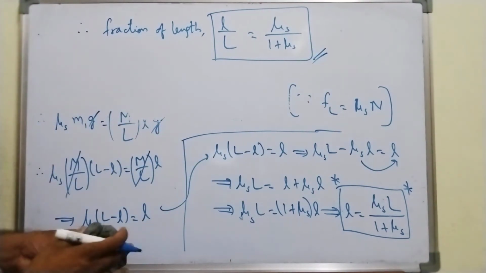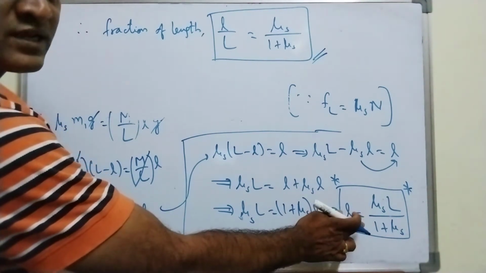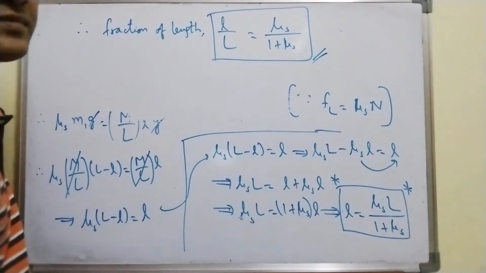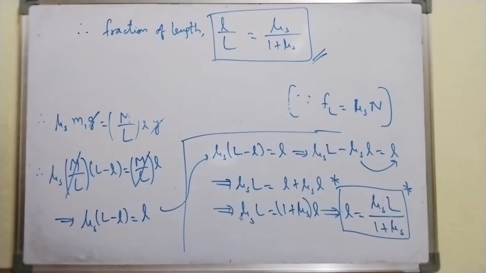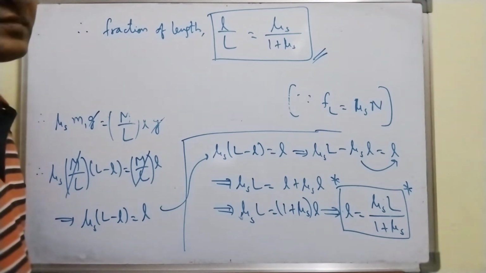So the maximum length that can be hung from the table is small l is equal to mu s into capital L by (1 plus mu s). Remember the formula.